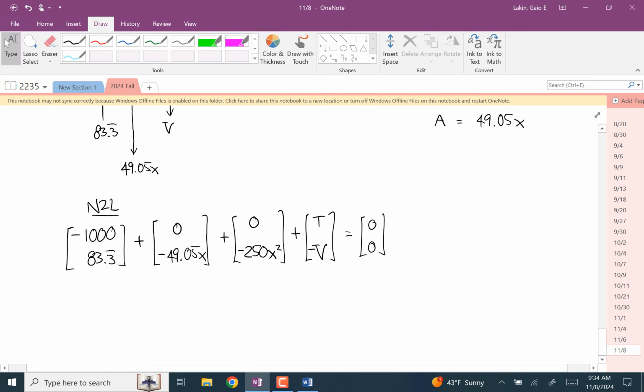So you get that T is equal to positive 1,000. That's the internal tension. V is equal to negative 250x squared minus 49.05x plus 83.3 repeating.